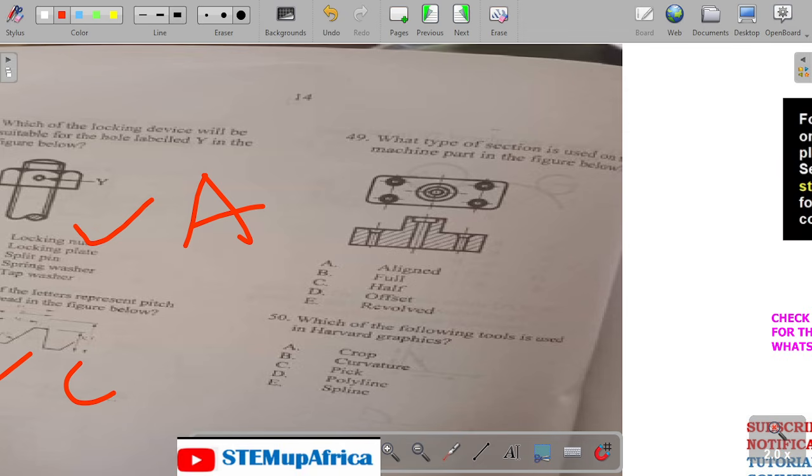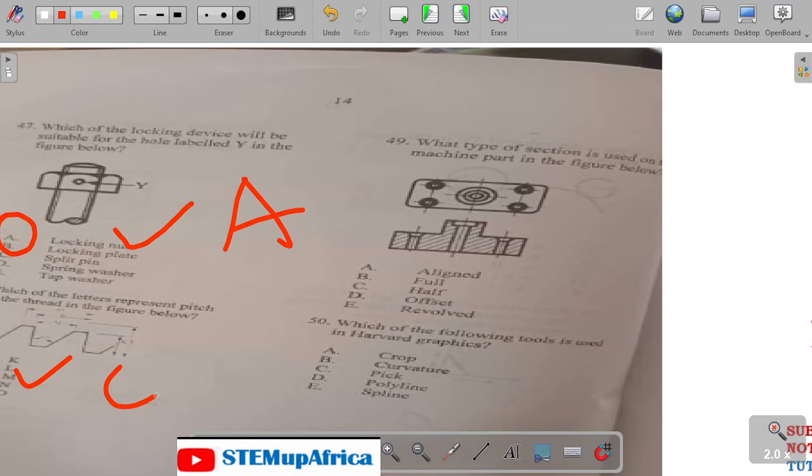49, say the section, you can see it's cut in this panel like this. That is how it is cut. So the section should be offset, which is D. 49 is D. Then number 50, so which of the following tools is used in Harvard graphics? Is it crop?